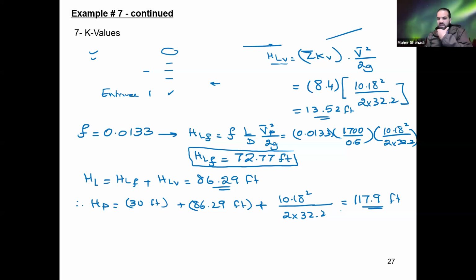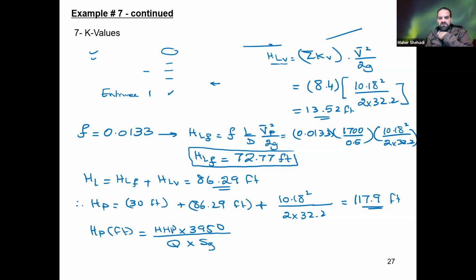All right. If it was directly the horsepower, we can use this equation. Again, we did this last time. So we have two options. The first is the hydraulic horsepower of the pump times 3950 divided by Q, but Q has to be in GPM, times the specific gravity, which is 1. So I can find the hydraulic horsepower for the pump, right? Just make sure you convert Q into GPM.